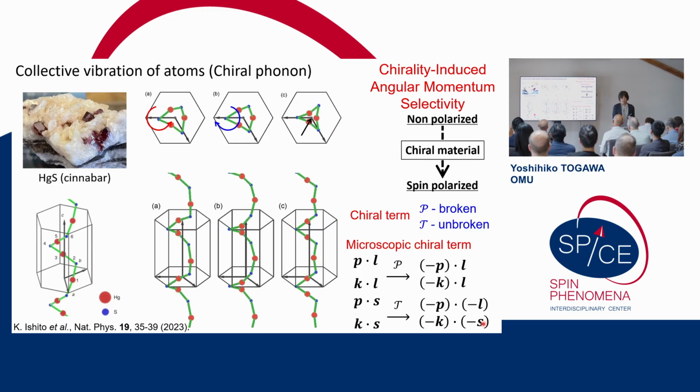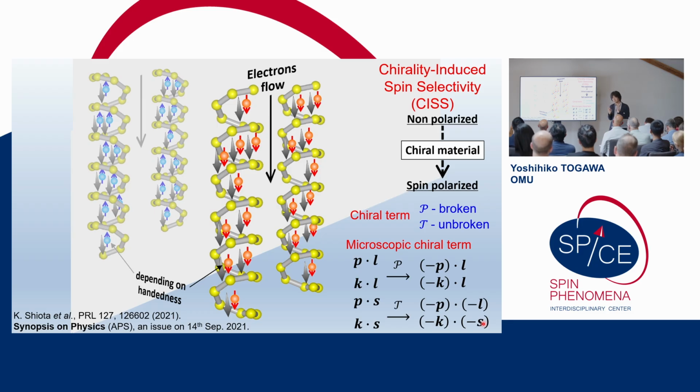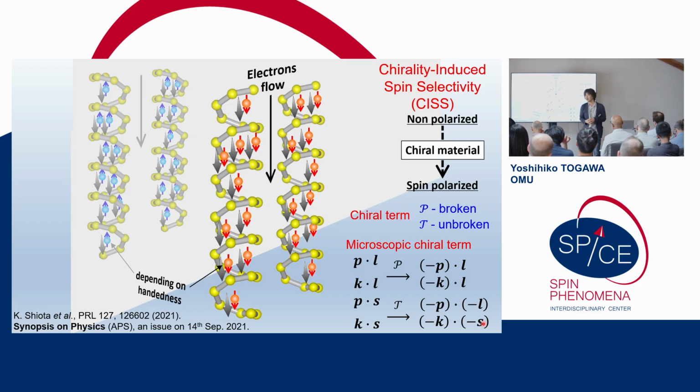Then let us make a similar consideration for the electronic system. In this case, we have a helix in front of the mirror, and behind it another helix with the opposite handedness. Let us drive electrons from the top to the bottom. Suppose we have this term with regard to spin.